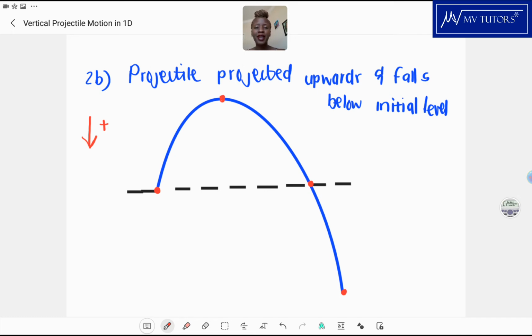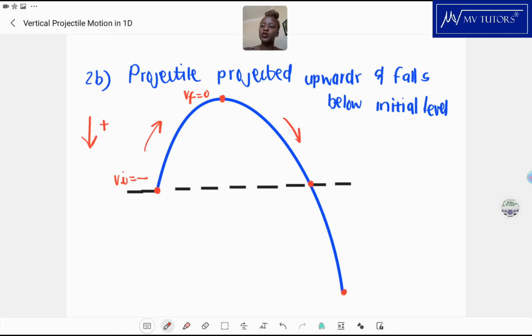So when you apply your initial velocity, which is going up, okay, but here because I chose downwards as positive, my initial velocity again will be negative. Okay, when I get to my final velocity, because the velocity decreases as the projectile goes upwards because of gravitational acceleration, it will reach 0 at the maximum. Okay, and then that's just the upward motion.